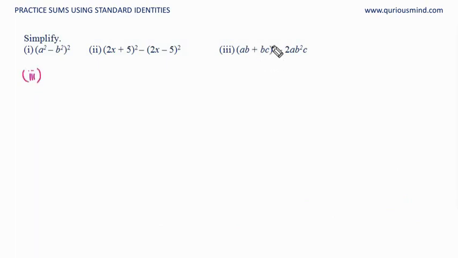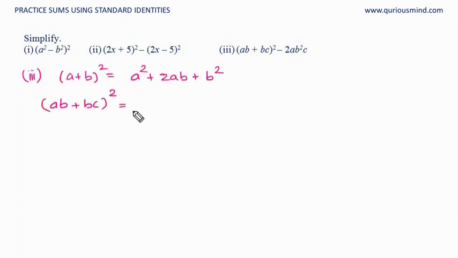ab plus bc whole square minus 2ab square c. This is one number plus second number whole square. So we are going to use a plus b whole square, which is a square plus 2ab plus b square. So let's start doing it. Whole square would be a square, means first term.